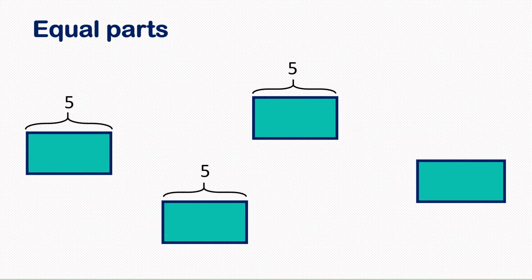There's another bar. Its value is also 5. All these bars are equal and having the same value, 5, 5, 5, 5. Now we find the whole of these values.